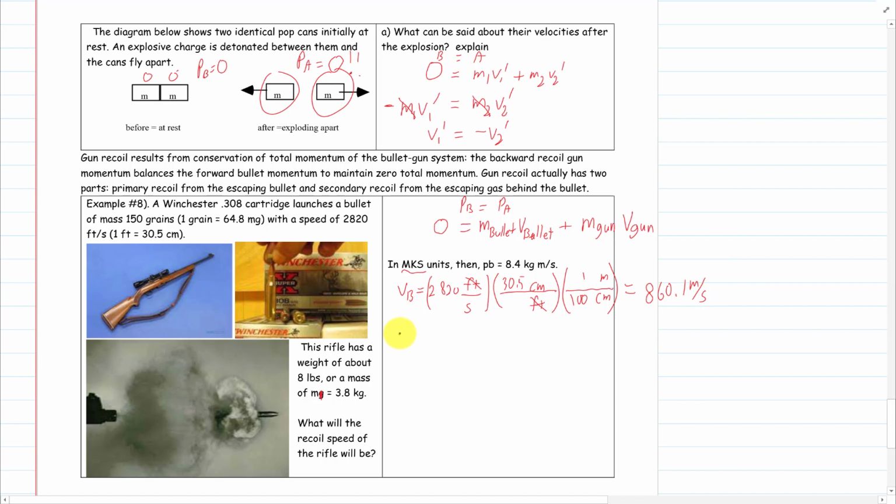Okay, and the mass of the bullet is 150 grains. And we want to get rid of grains, so we put grains on the bottom. And it'll be milligrams, because that's what it says here, 64.8, sorry, is 1 grain.